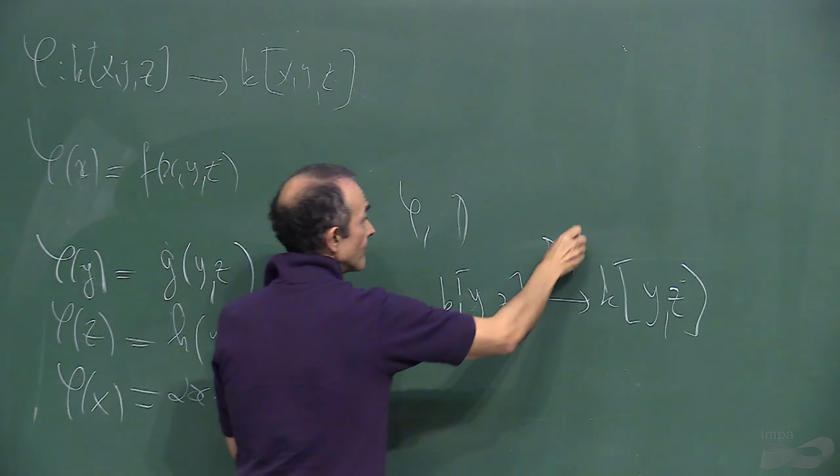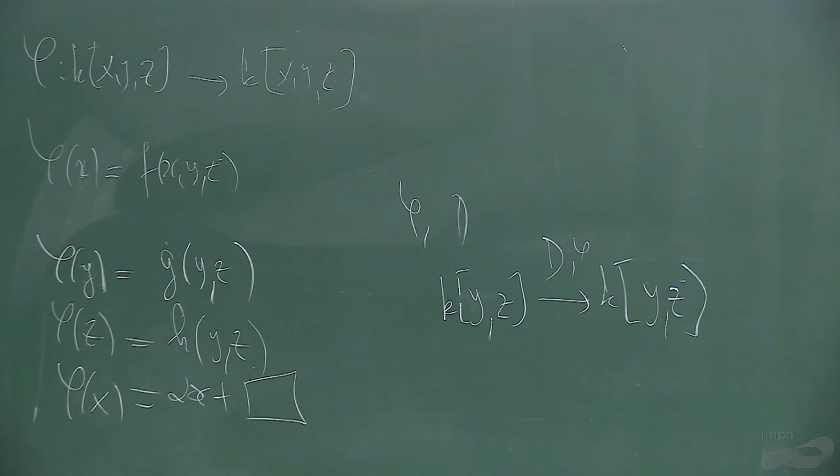D and phi restrict to an automorphism of k[y,z], and D a derivation. But in this case, we know the situation. There is no isotropy, because if D is simple in the polynomial ring with three variables, when you restrict to two variables, it continues to be simple.